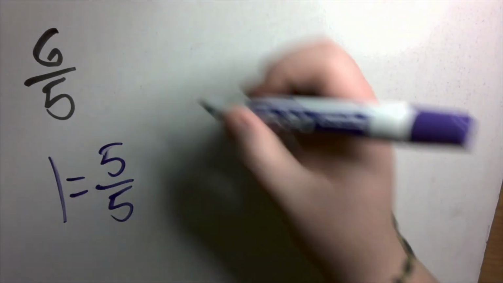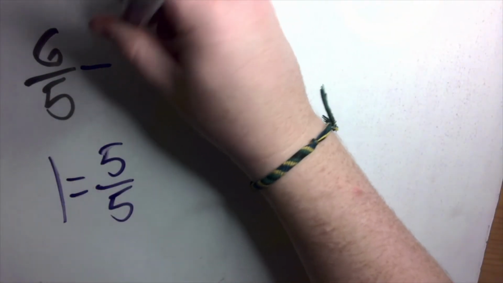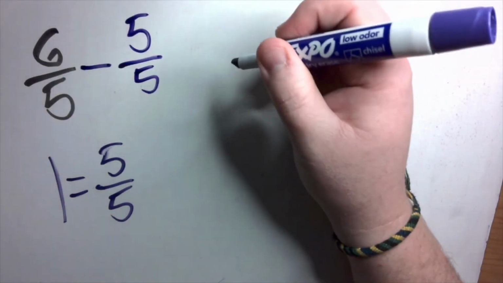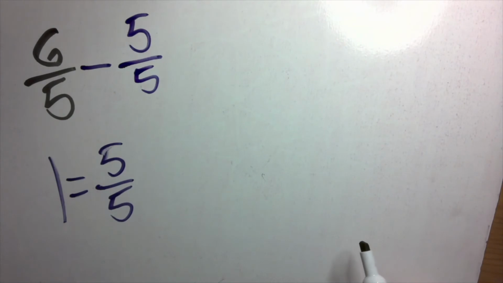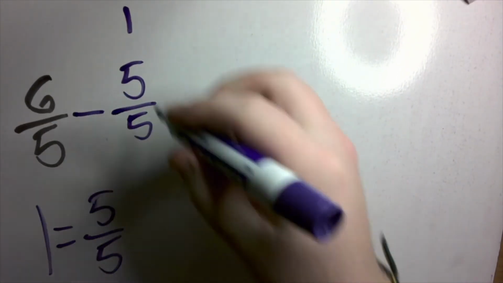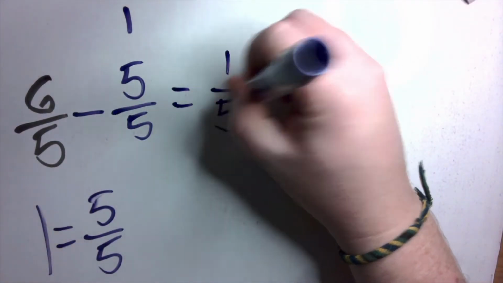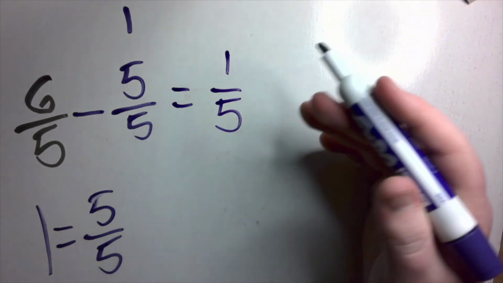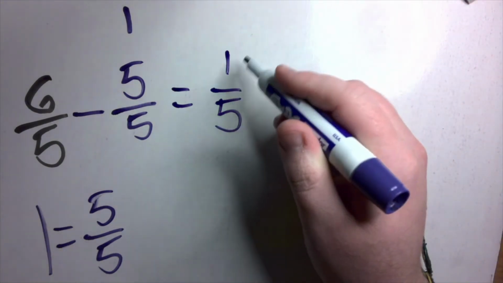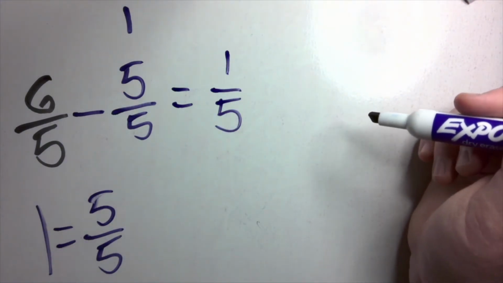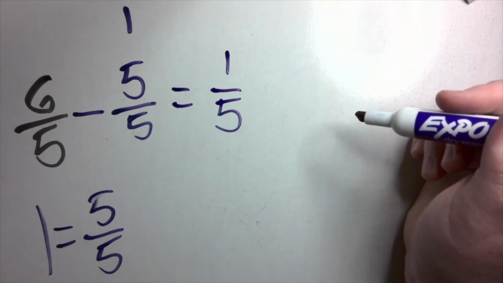Now, I'm going to subtract 5/5 because I know I'm subtracting 1, and then I'll see what's left over for the rest of my fraction. So, 6/5 minus 5/5 equals 1/5. I'm not going to subtract anything else because if I subtract 5/5 again, I'm going to end up in the negatives.